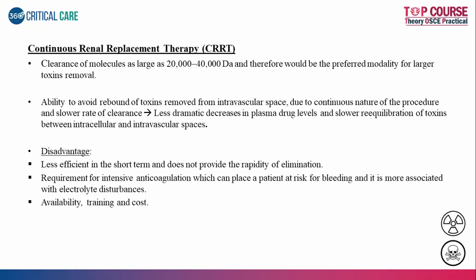But the disadvantage is that its efficiency is very low compared to IHD. Here you will require intensive anticoagulation, so there will be an increased bleeding risk and electrolyte disturbances. It will not be available in all hospitals, and training and cost are other disadvantages of CRRT.